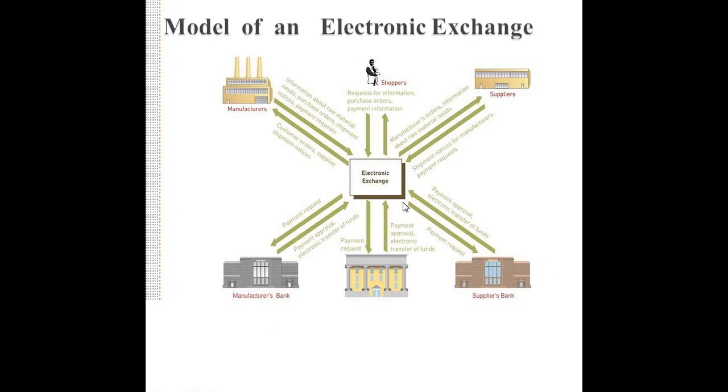Manufacturers are related with electronic exchange, suppliers are related with their electronic exchange, supplier banks are related to their electronic exchange, and manufacturer banks are related to their electronic exchange. So these all function related to our e-commerce, which follows the exchanging of goods and services with the help of online transactions also.